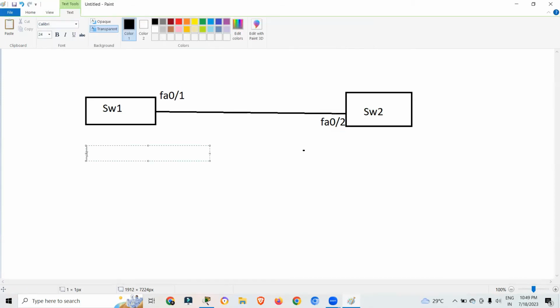There is something called initiation of the process. This mode, dynamic desirable, can initiate the process. That means this switch can initiate the process if it is in dynamic desirable mode, but it cannot complete the process unless there is someone on the other side who can negotiate. Now, what is the meaning of negotiation?